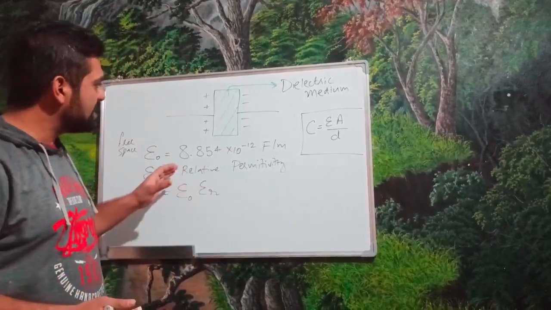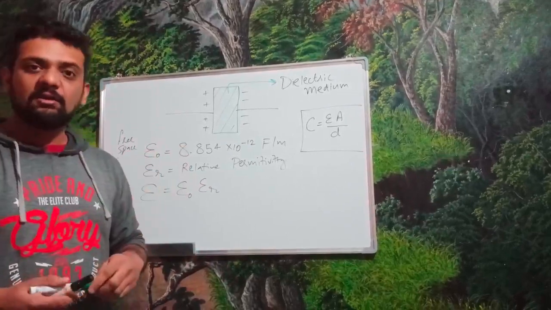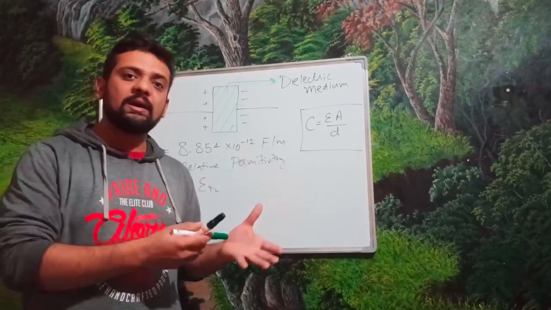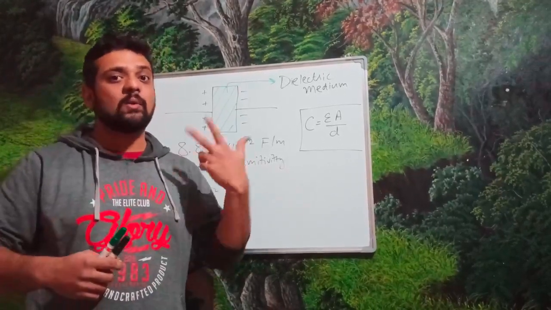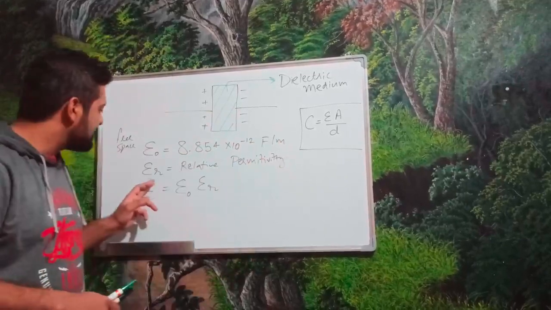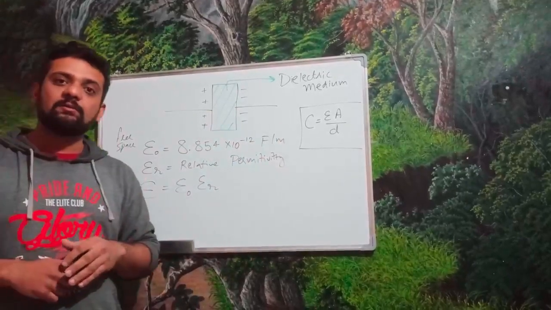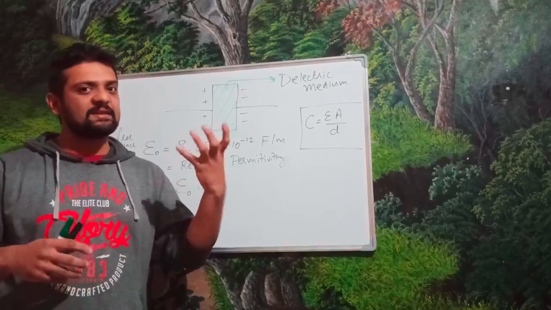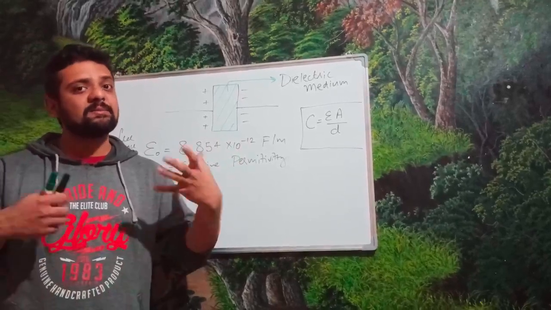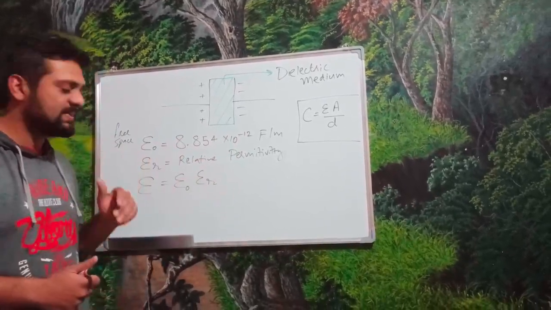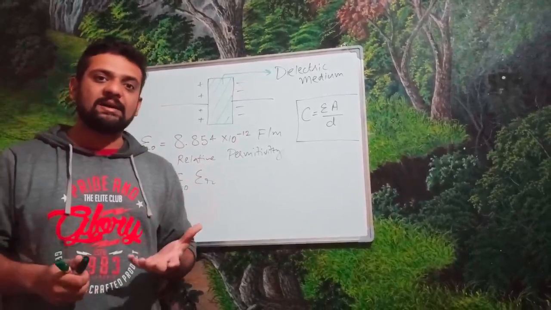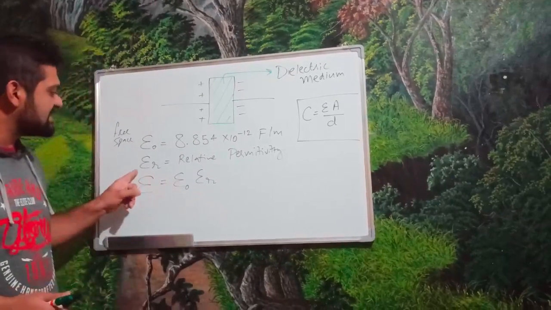However, we can also represent the relative permittivity of different mediums. So compared to air, if any medium is having twice the permittivity, the epsilon r or the relative permittivity will be equal to 2. Let's say if there is a medium which is having permittivity 10 times higher than that of free space, then it would be represented by 10. This is just the number.